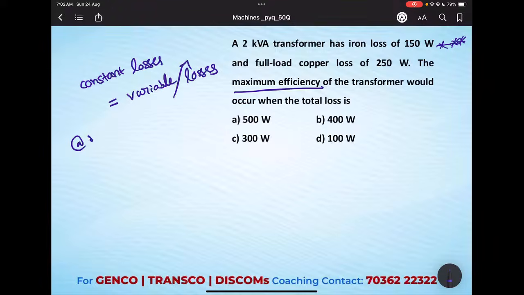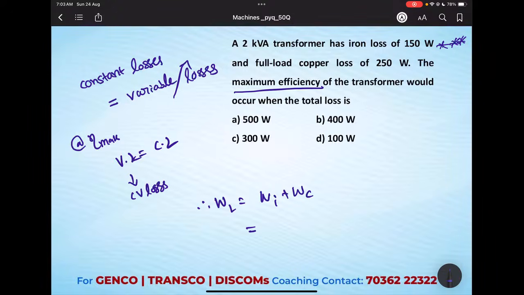At maximum efficiency, constant losses are equal to the variable losses. What are the variable losses? Copper losses. The total loss of the transformer is iron losses plus copper losses. Iron losses are already given as 150 watts.